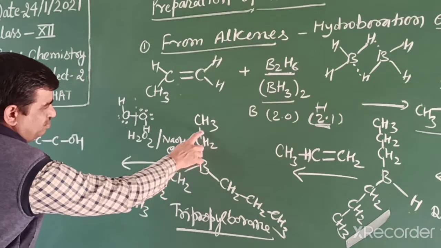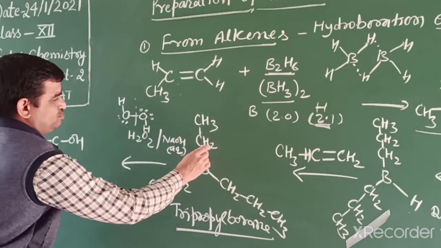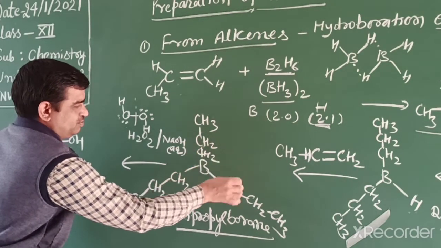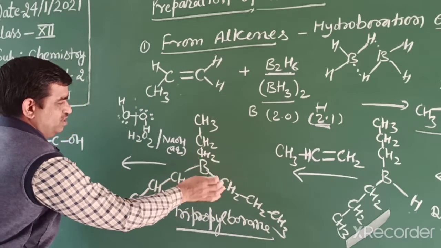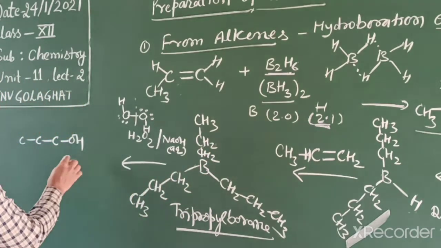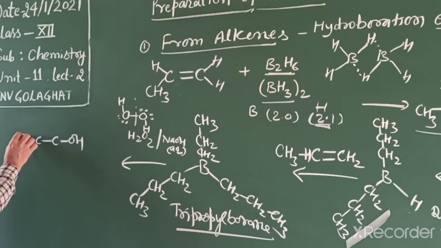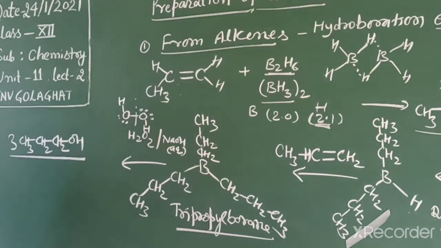OH is attached on this CH2 because it is trialkyl borane. OH is attached on this carbon atom, 3 atoms. So we get CH3 like this, 3 moles of alcohol.